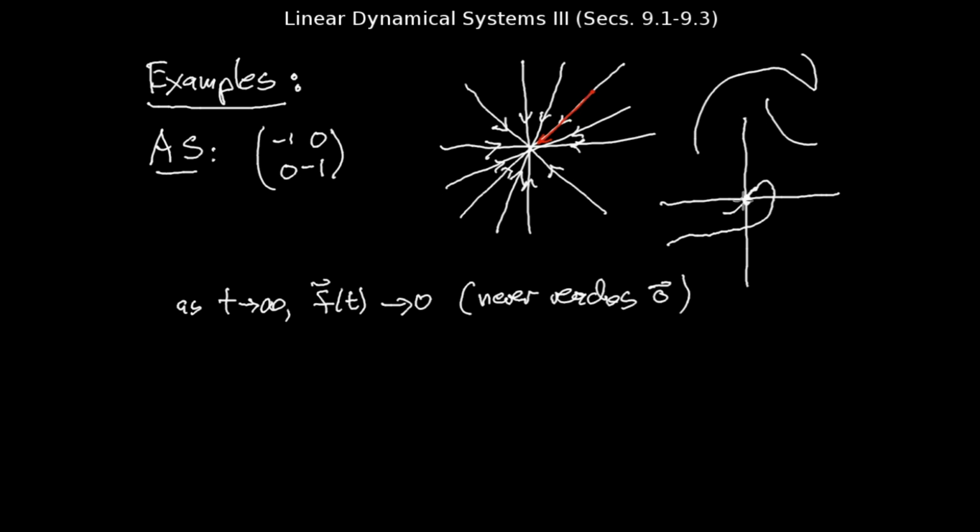This curve here and the curve 0, which isn't much of a curve, but it counts, would be intersecting, and that's not allowed. And so this can't happen, and that's why you never actually reach 0.